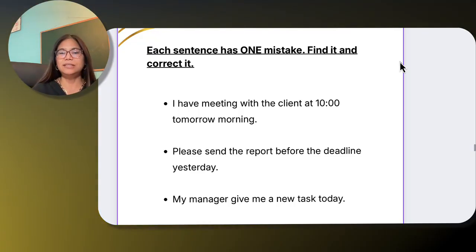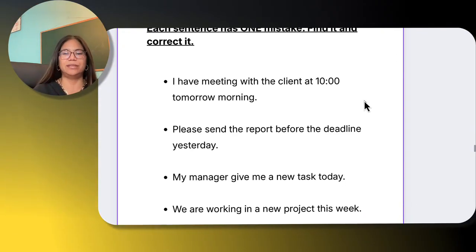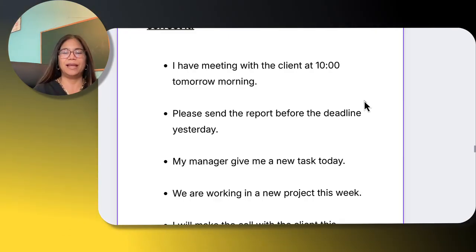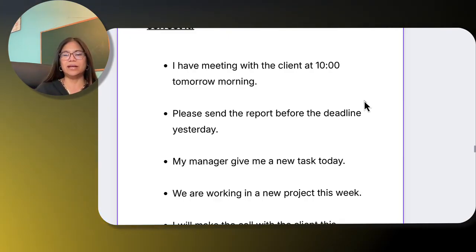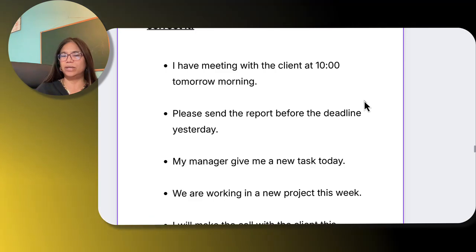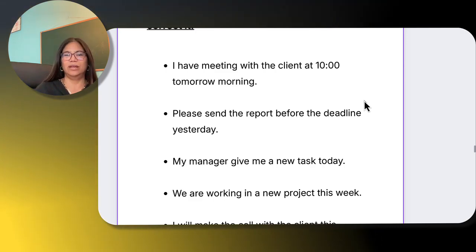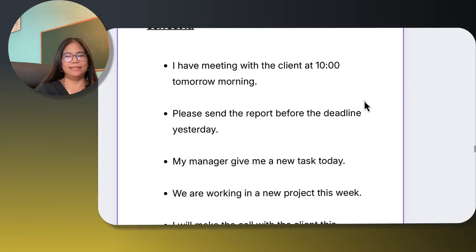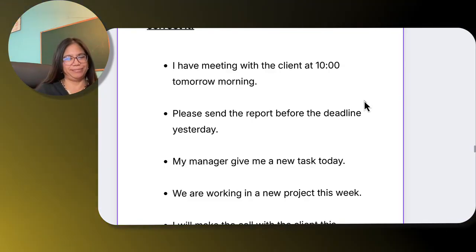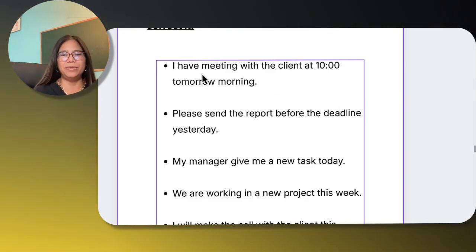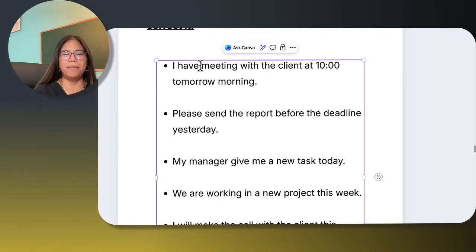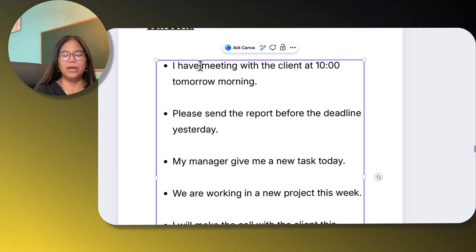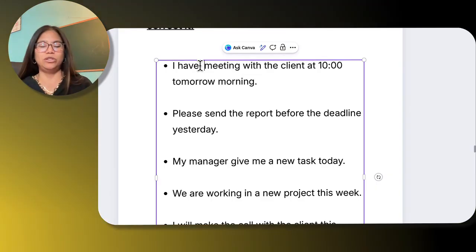Okay, each sentence has one mistake. Find it and correct it. Let's see. I have meeting with the client at 10 tomorrow morning. Which part does this sound correct? So the mistake, where would you find it? Well, we are missing here a pronoun, a demonstrative pronoun.